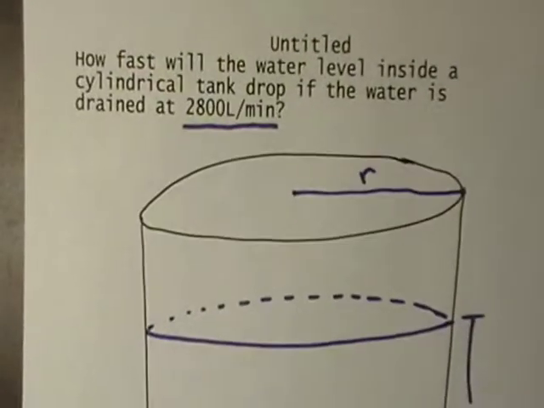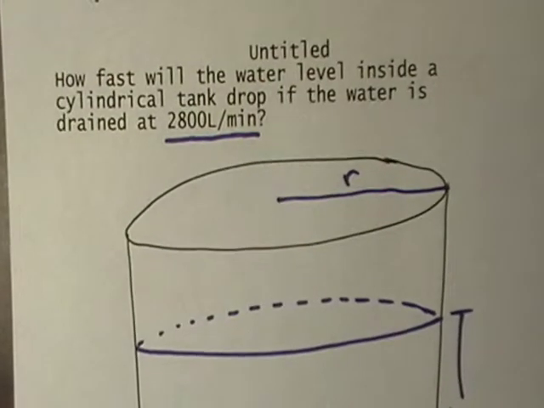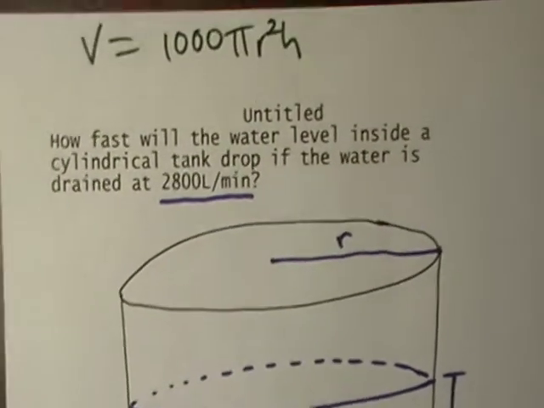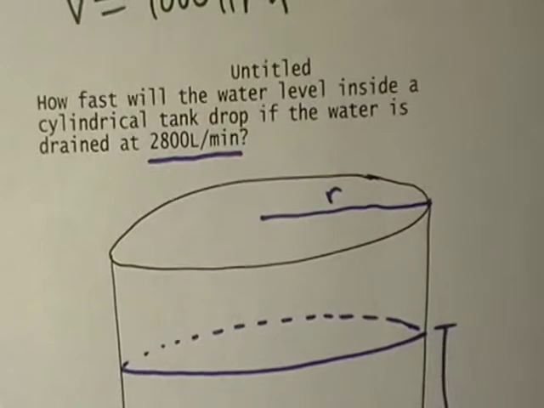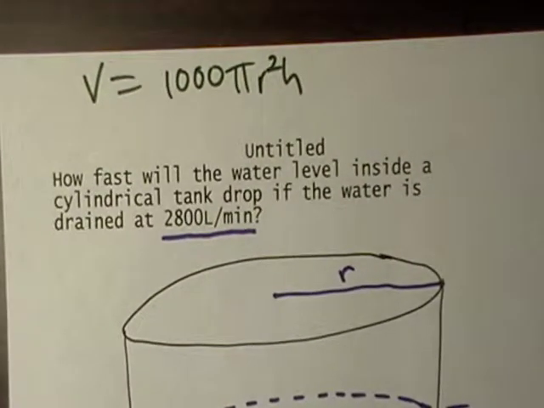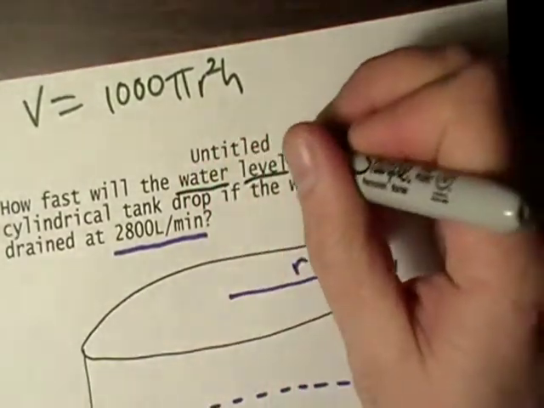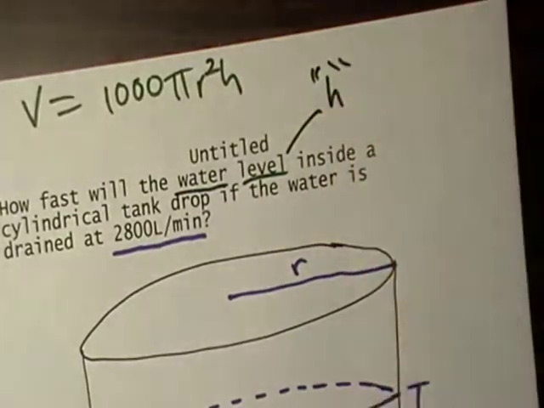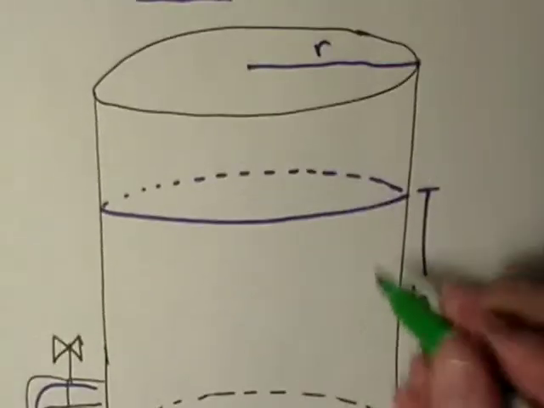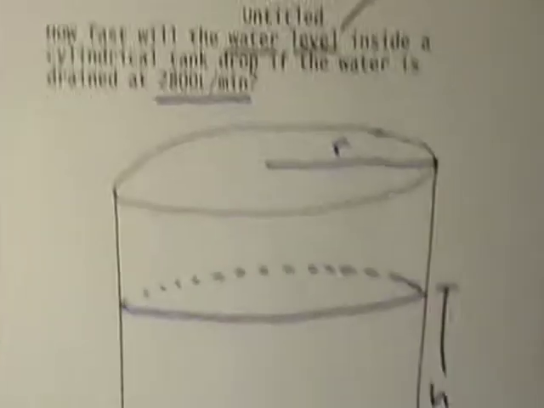So a picture's good, and really just make sure you know what's going on here, okay? And the question asks us, how fast will the water level drop? Water level, that's code name for H, okay? That's how high the water is in there. So we're going to find that out.